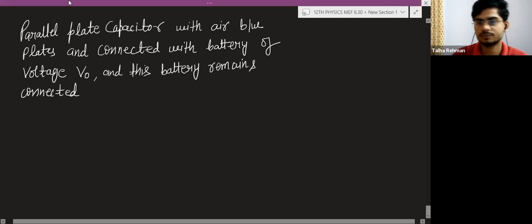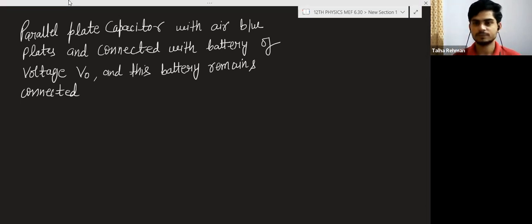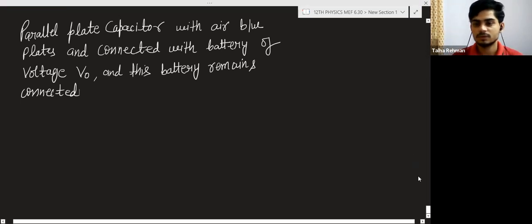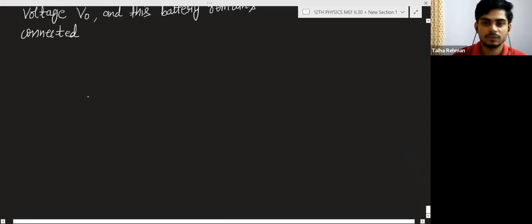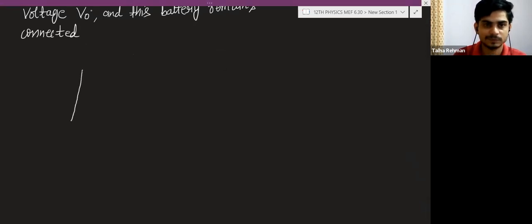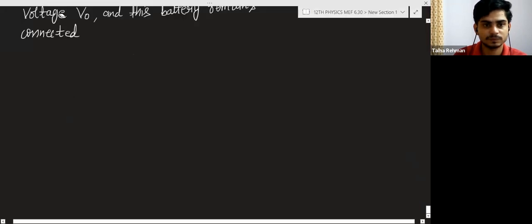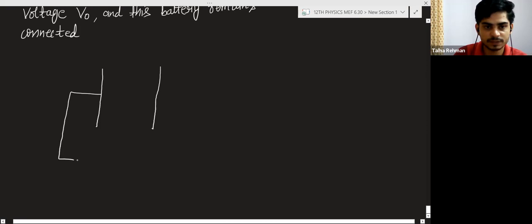So let's see. This is the parallel plate capacitor. This is a plate and this is another plate. These are parallel plates and these parallel plates are connected with the battery.